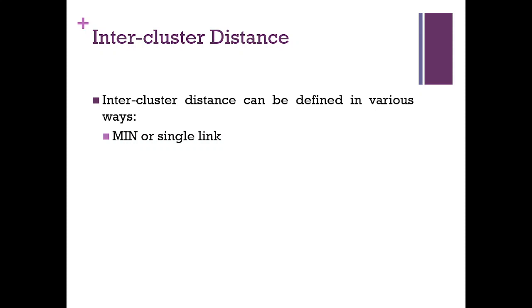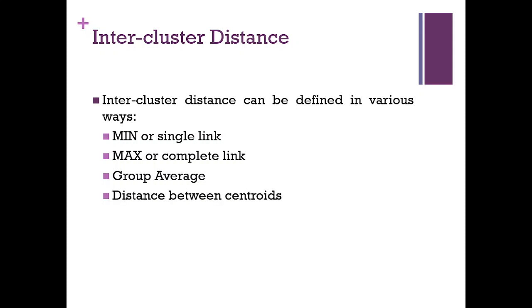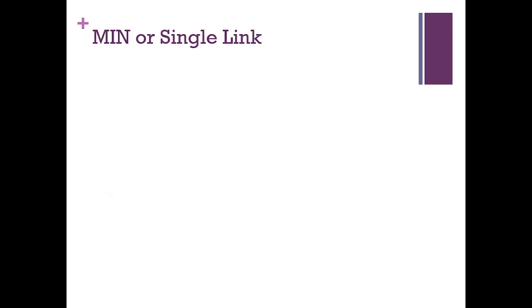So there are many methods of computing intercluster distance. The first one is min or single link. The other is max or complete link. Third one is group average. Fourth is distance between centroids. Now let us discuss each one of them.